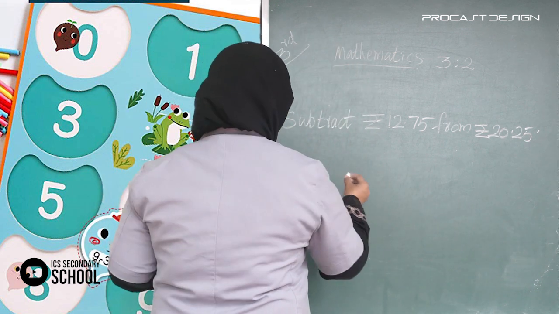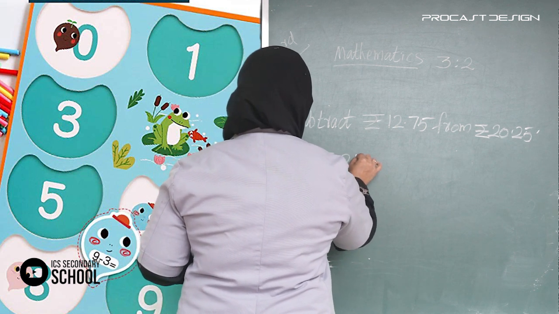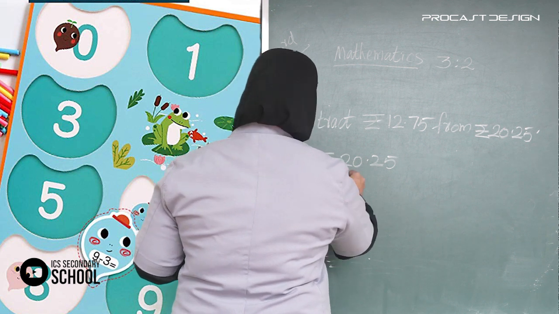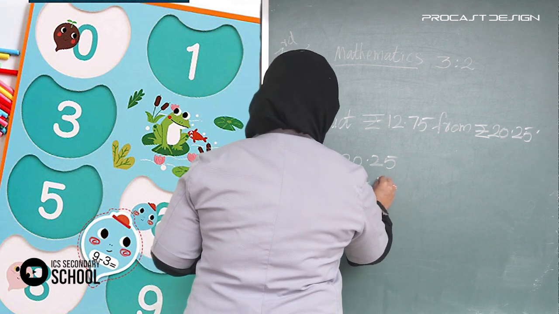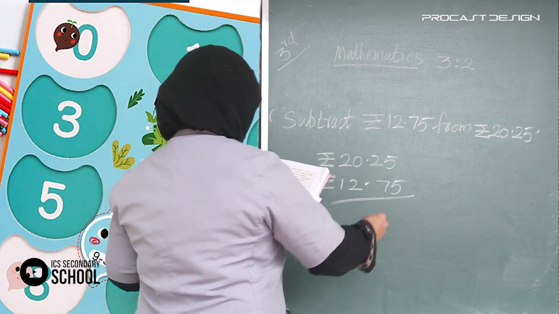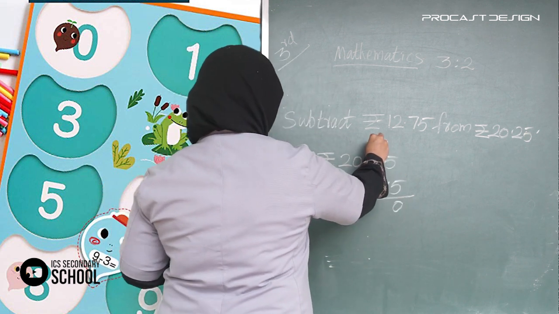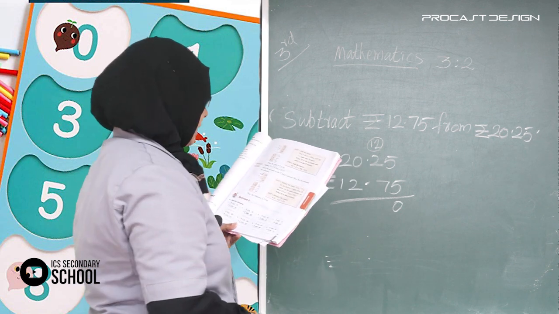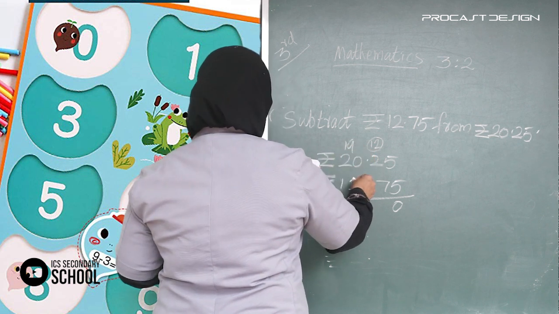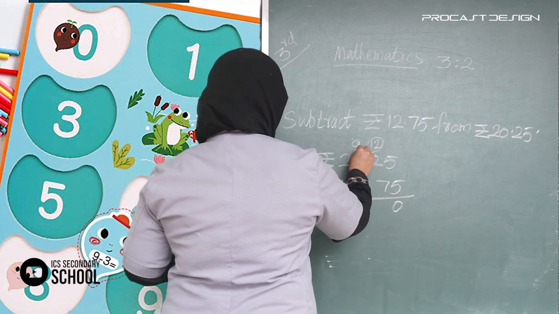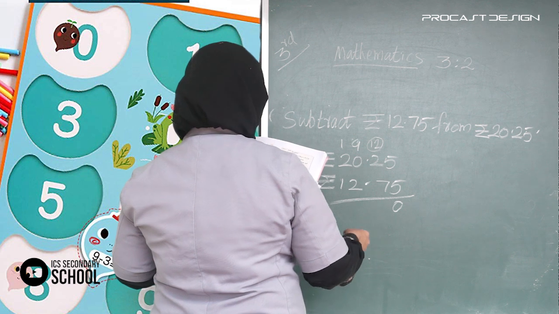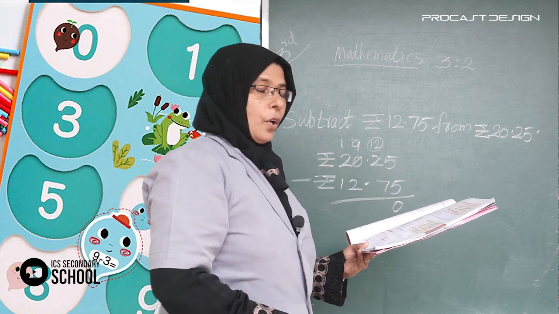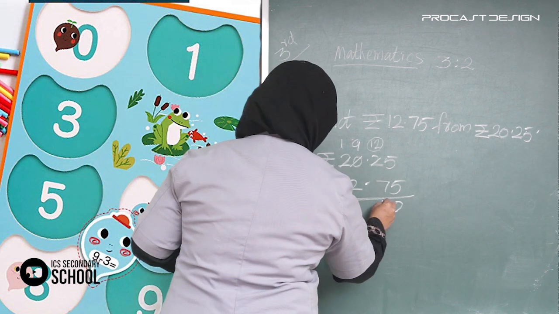Listen, 5 minus 5 is 0. In 12, we borrow 1 from 20, so it becomes 19. 12 minus 7 equals 5.